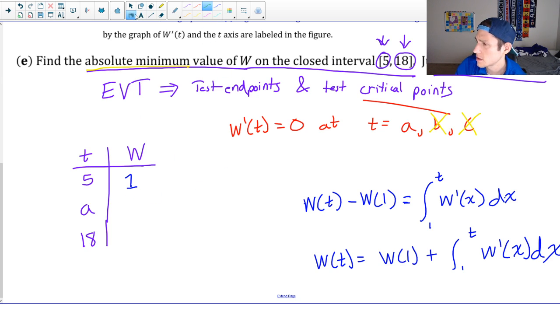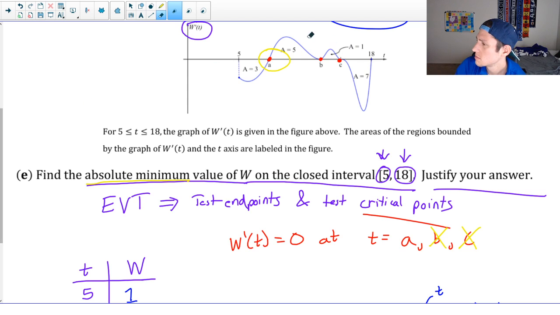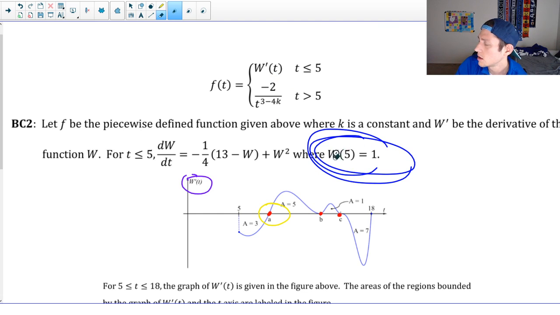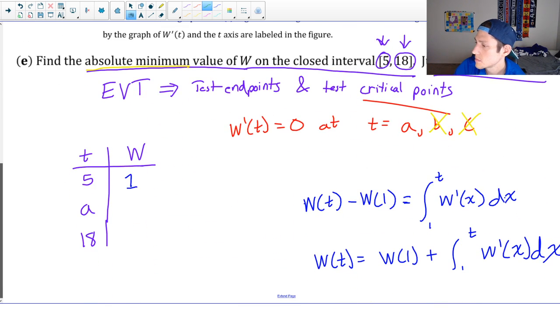Or wait, sorry. I messed up. We don't know W of 1. We know W of 5. Right? I miswrote that. The y value equals 1, but at W of 5. My apologies.